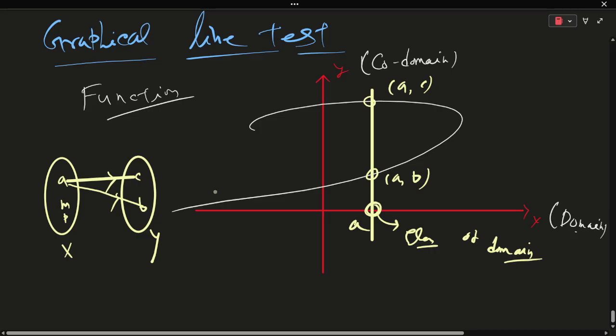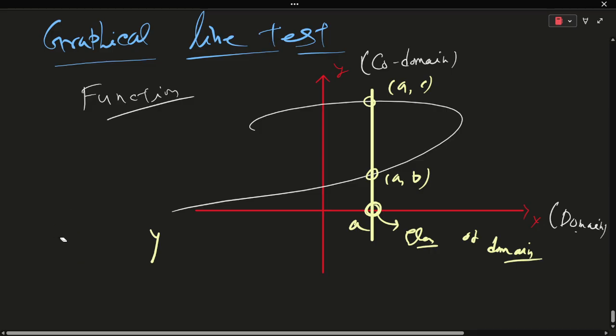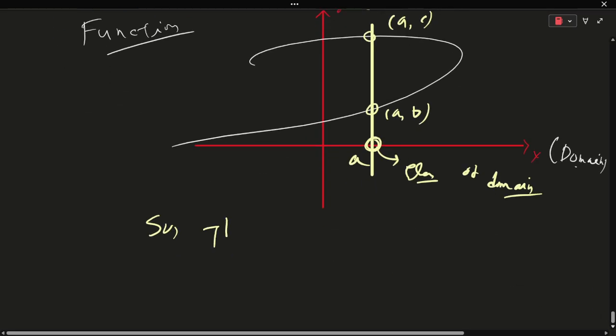It violates the definition of a function. It can't happen, right? So this given curve is not a function.